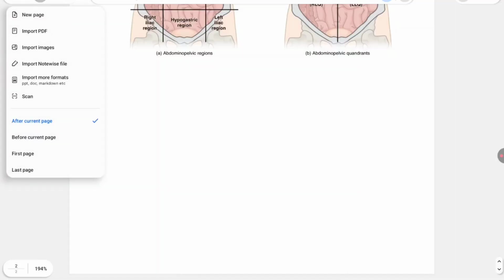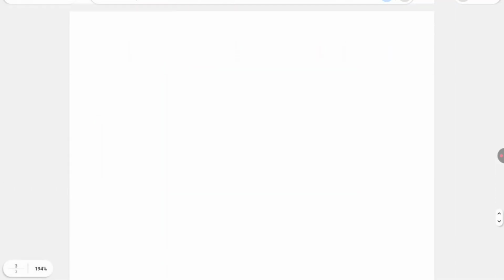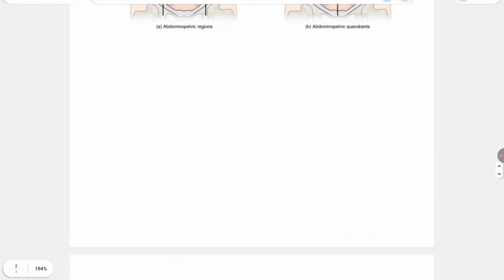Again, now we are going to discuss the epigastric region. What do we use the epigastric region for? In the epigastric region, we are checking for stomach pain.